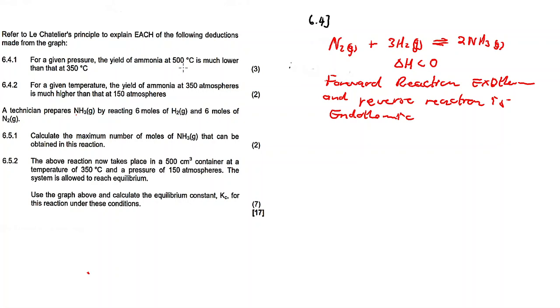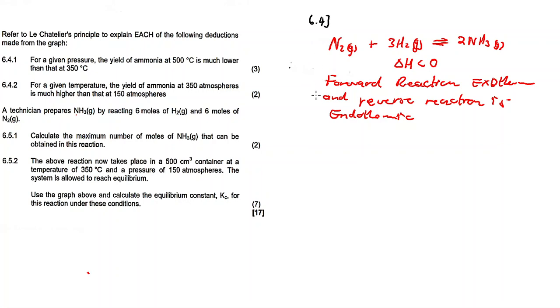It simply means that at a temperature of 500 degrees, since we compare 350 to 500, there's an increase in temperature from 350 to 500, and at a higher temperature I'm actually favoring the endothermic reaction. According to Le Chatelier, an increase in temperature is the disturbance to the equilibrium, so equilibrium will try to counteract that change by decreasing the increased temperature.